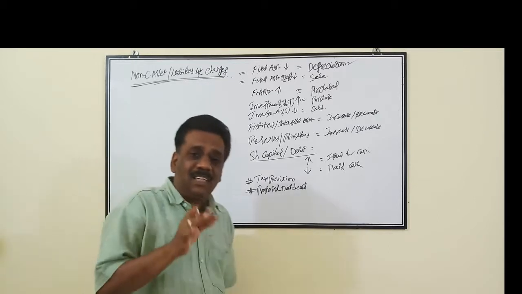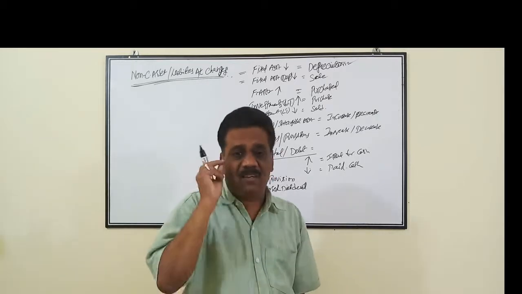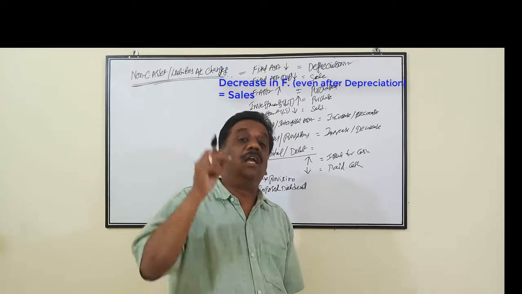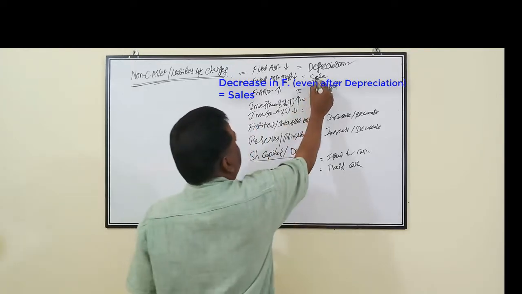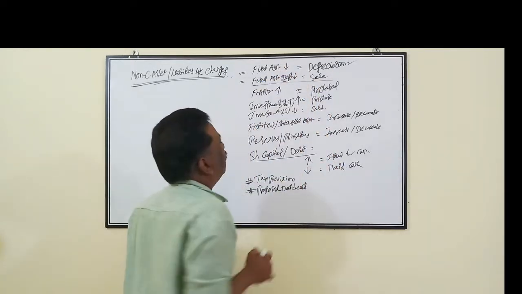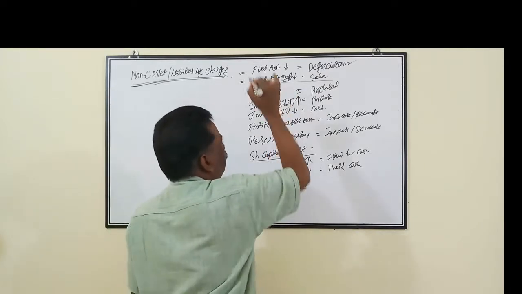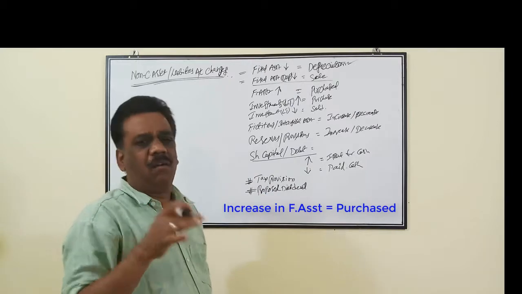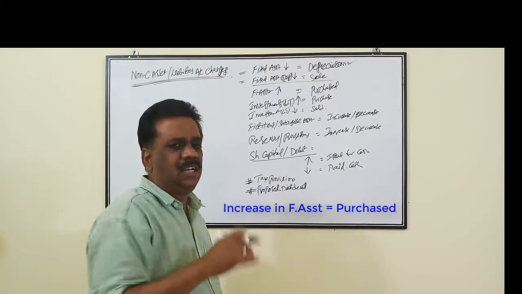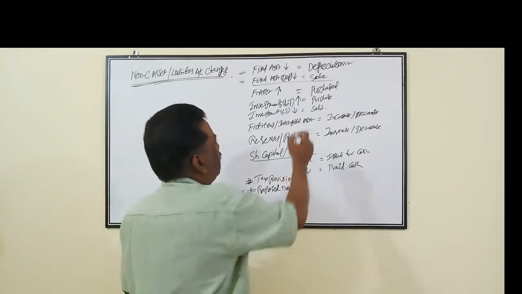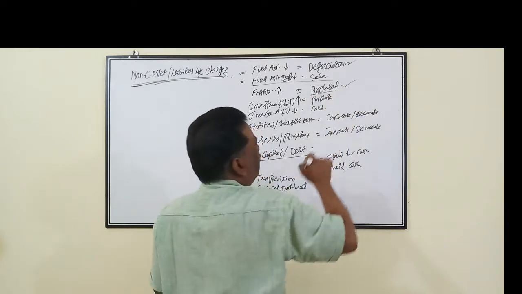Then, if a fixed asset is decreased, even though the depreciation is given, it is a sale. Then, an increase in fixed asset, whether depreciation is given or not, whether depreciation is considered or not, should be considered as a purchase.